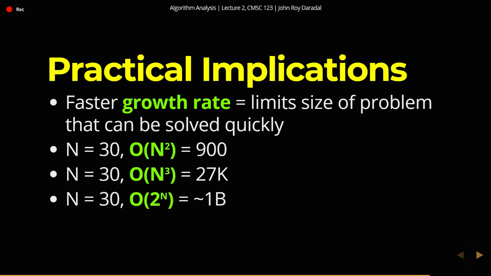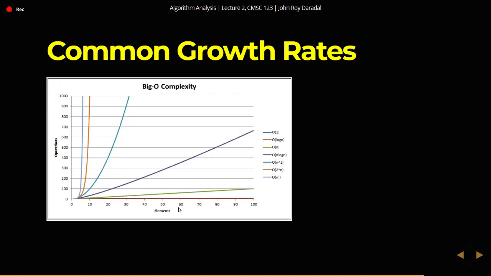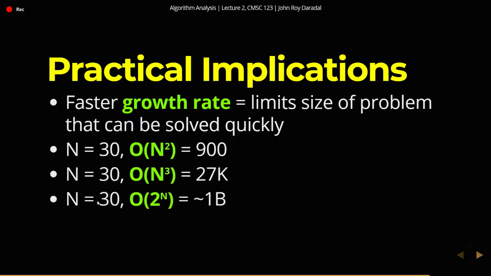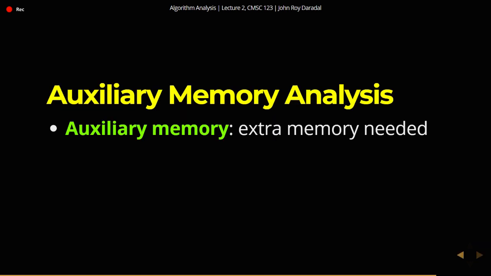But as much as possible, try to avoid having exponential running time, because if you look at this one, the orange part, it's a really steep growth rate. So even just a small difference in the number of items, the running time is increased by a lot. Okay, so yeah, that is running time analysis.